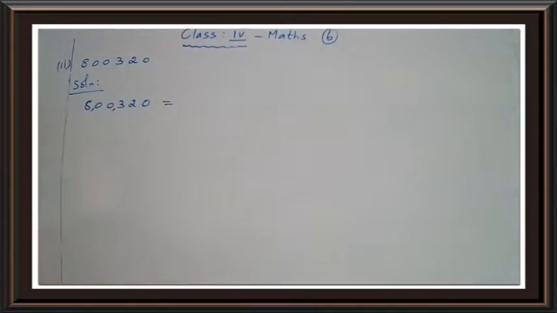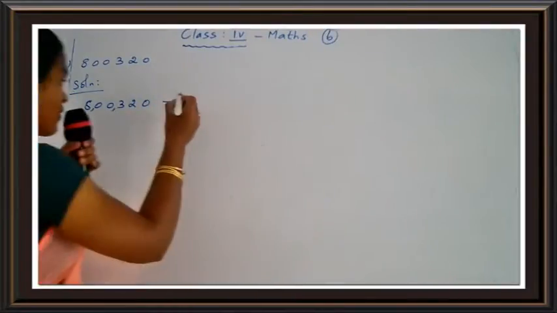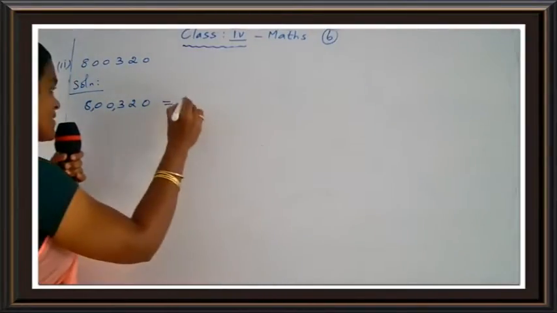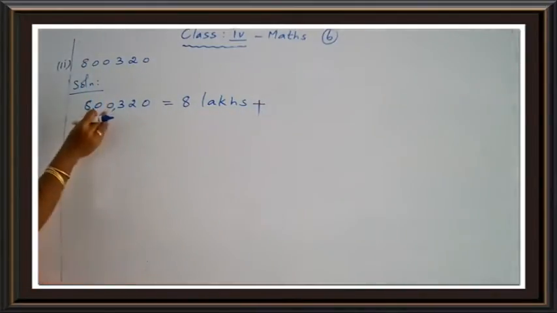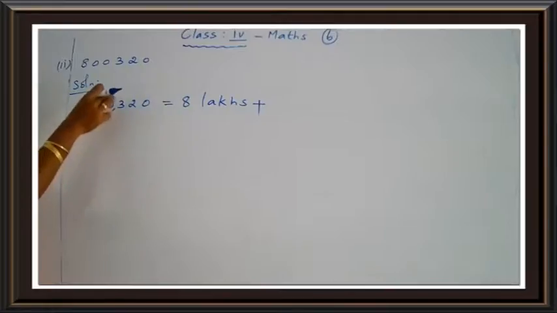Okay. So what is the place value of 8? Ones, tens, 100, 1000, 10,000, lakh. 8 lakh. Okay. So your place value of 8 is 8 lakhs. Plus here thousands period is 0. That is 10,000 place is 0. 1000 place is 0. Okay.